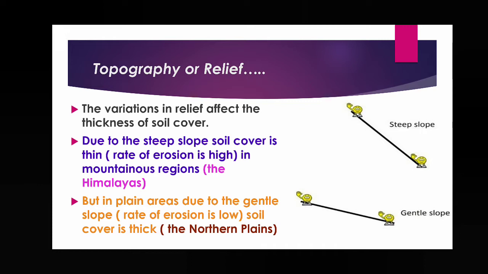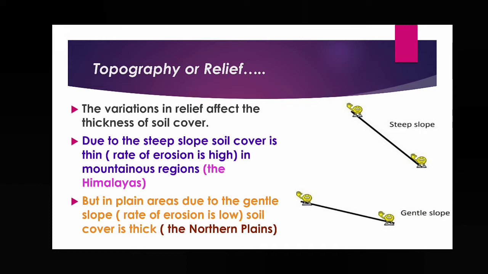That is in the gentle slope. Because in the steep slope the speed of the water is more. Take a look at the slope, that's why the speed of the water is more, but in gentle slope the speed of the water is less. So when the speed of the water is more on the steep slope, the soil will be eroded, and when the soil is eroded, its thickness will be less because erosion is more.